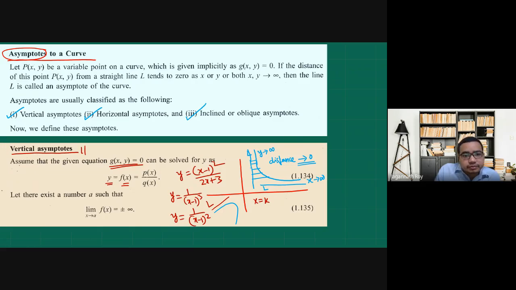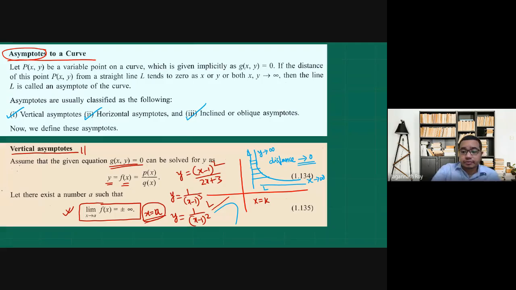So how do we do that? We'll try to find this limit, whether it is satisfied or not. If it is satisfied, then with x tending to a, the line x equals a will be a vertical asymptote if this property holds.